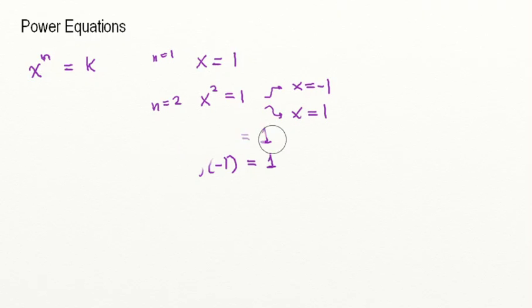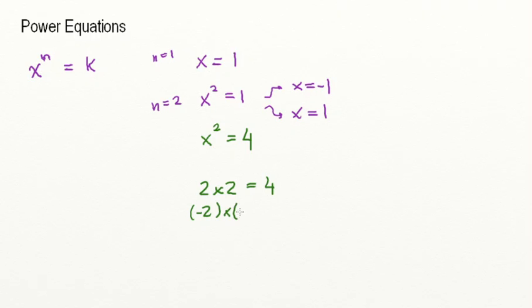Let's take a look at a different problem but with the same exponent. What if my problem now was x to the power 2 is 4? Again, how can I multiply two numbers to get 4? Well, I could multiply 2 by 2, that's 4. But is that my only solution? No. I could also multiply negative 2 by negative 2, and I would also have 4.